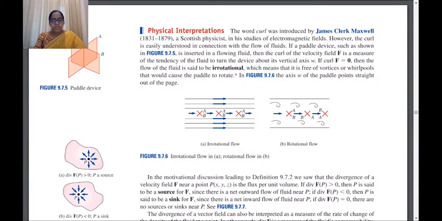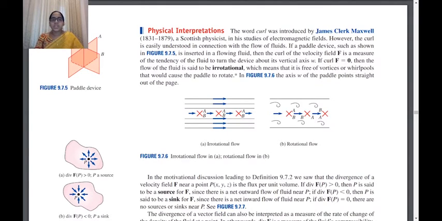The word curl was introduced by James Clerk Maxwell. He was a Scottish physicist, and he introduced the word in electromagnetic fields. But we use the concept of curl mainly to understand the flow of fluids through various networks.